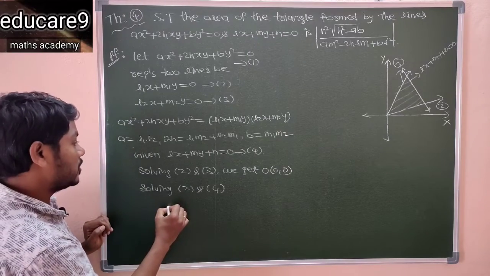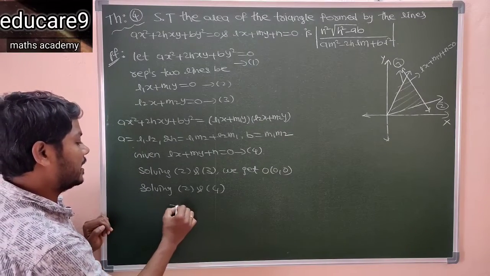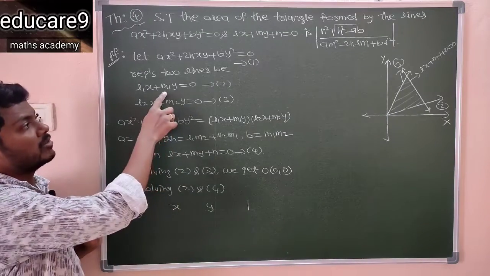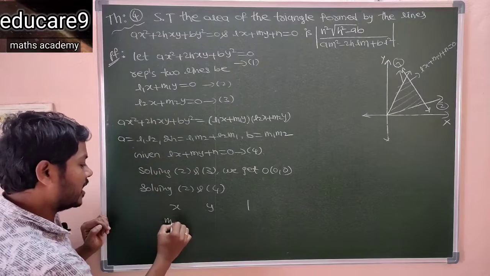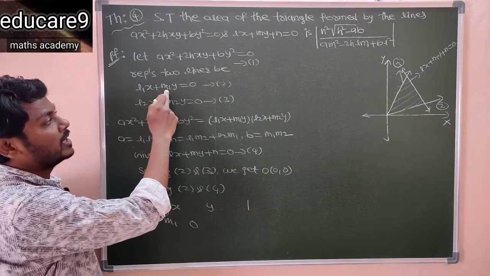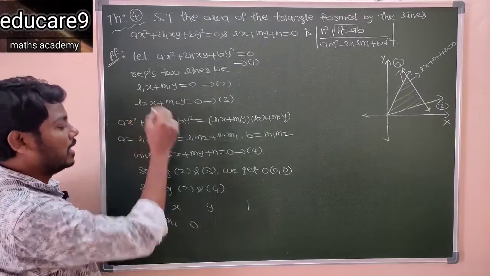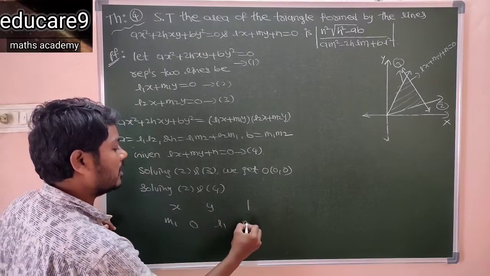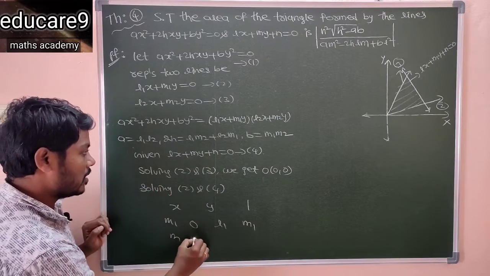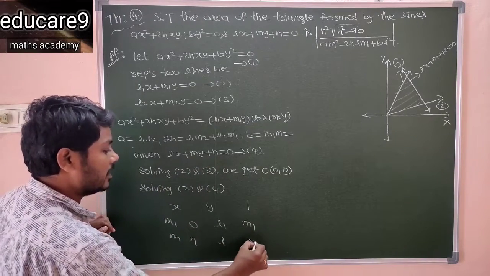See here, write x, y, constant, and you observe the equation 2. So here m1, 0. You have to start from the second term: m1, next 0, l1, m1. Next here m, n, l, m.